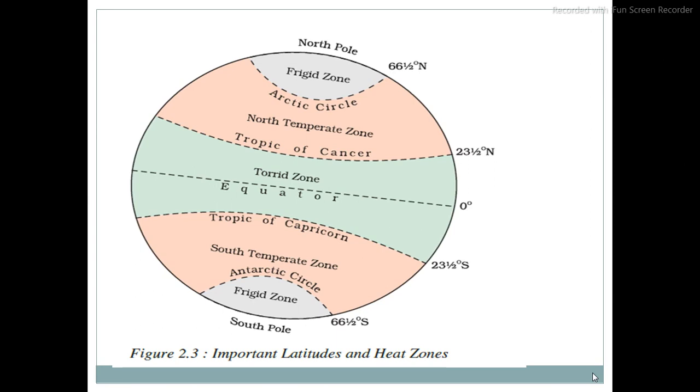Next, last we are going to see the frigid zone. So the frigid zone is here. First I will explain with the diagram, then we will go to the sentence. Frigid zone here, North Pole, South Pole, this is the frigid zone.